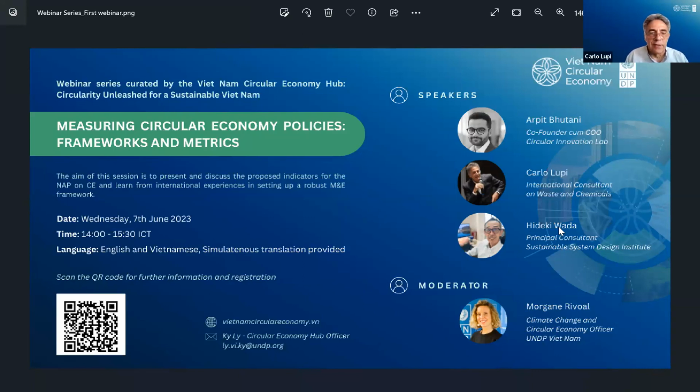I think we can see this issue from two sides. One side is that the regulator that is developing the circular economy should make very clear what the needs are in terms of data requirements, because this is the only way we may ask data generators to provide information in the format we need for circular economy.